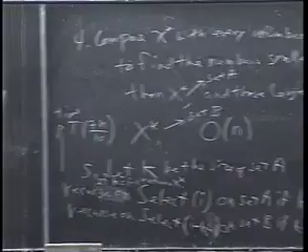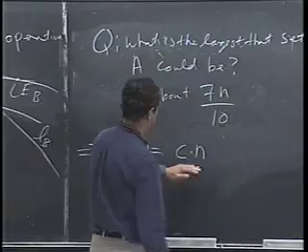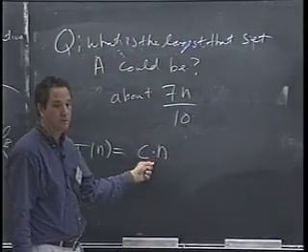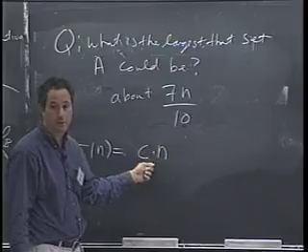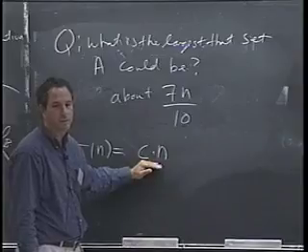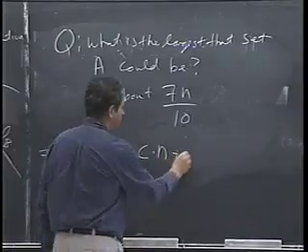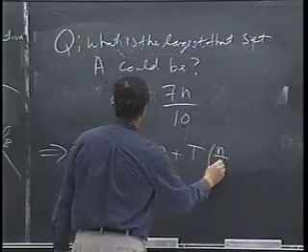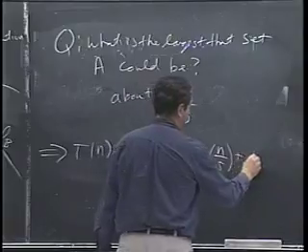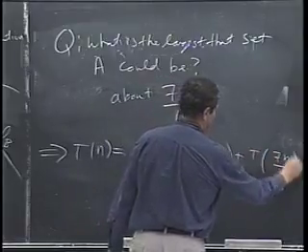So T of n is equal to some big O(n) term, and I'm going to actually write down a constant here. We don't know what it is, but I'm going to keep it alive just to help me do the analysis. Plus T of n over 5 plus T of 7n over 10.